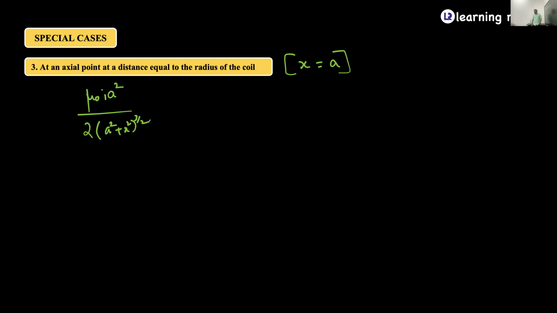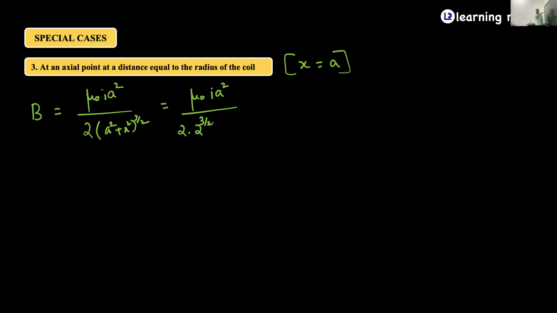A square plus a square is 2a square. So this will be equal to mu naught I a square divided by 2 into 2a square the whole power 3 by 2. Correct? Because 2a square, 2 power 3 by 2.